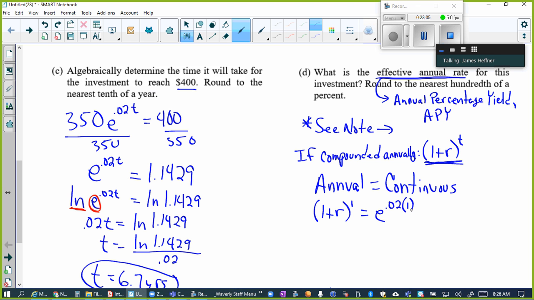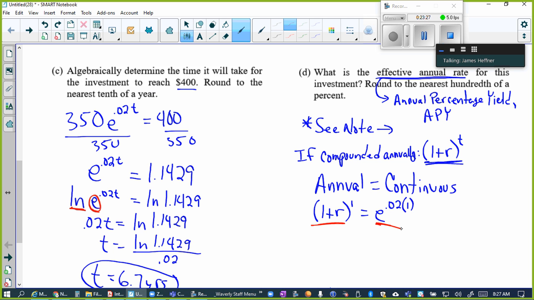So we're going to do it a little bit differently than we did on the notes page. I don't have to worry about the principal, like any amount. I don't have to have the P in front of any of it. So all I have to do is figure out when this annual rate is equal to the continuous rate. When that equals that, what value of r?